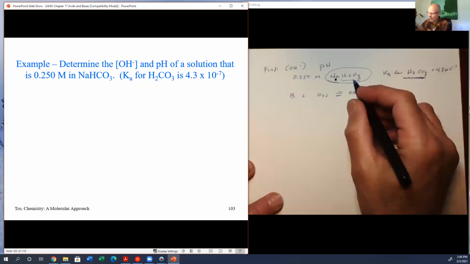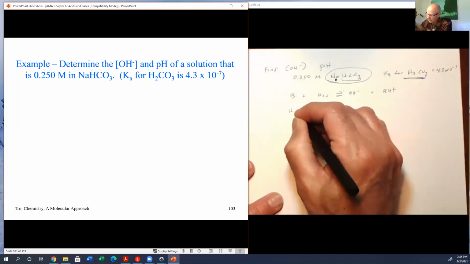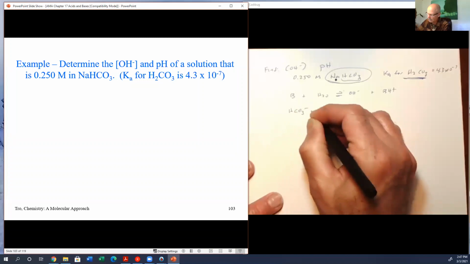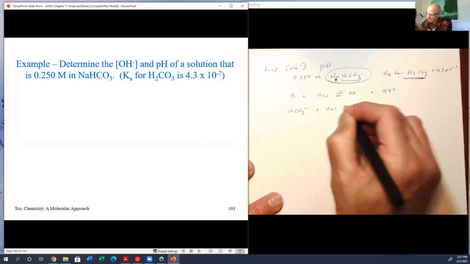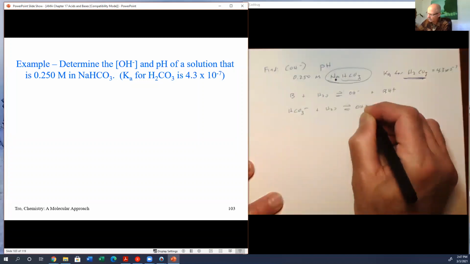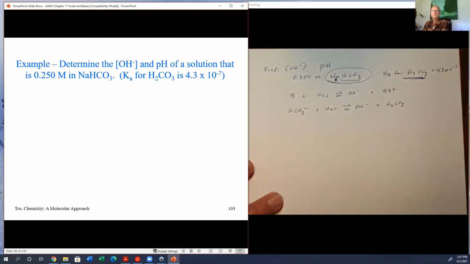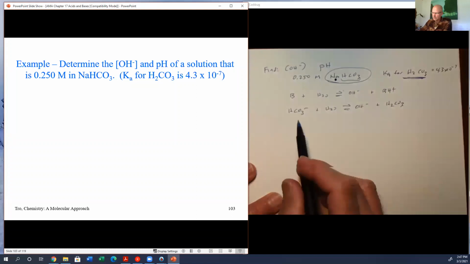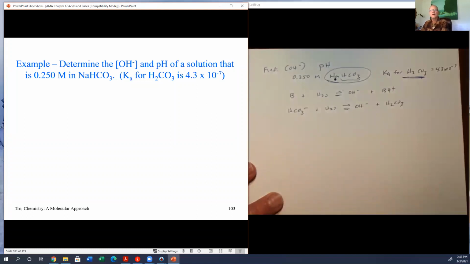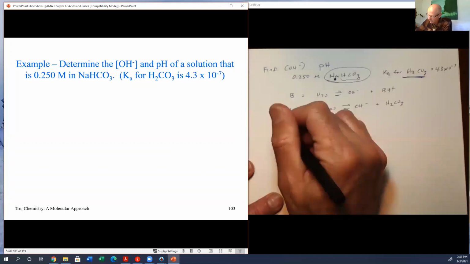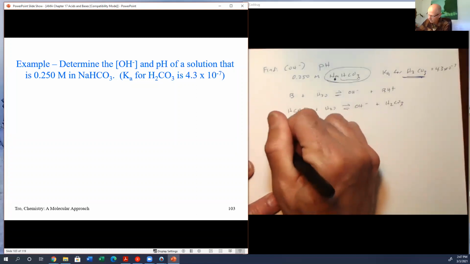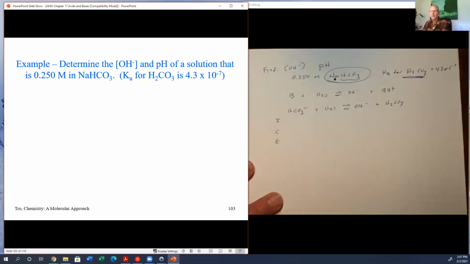So now we're going to apply that equation to the HCO3 minus ion. And we get this equation. Notice this is an equation for a weak base. How do you find the pH? You've got to work an equilibrium problem. You've got to set up an ICE table. So we set up our ice table.